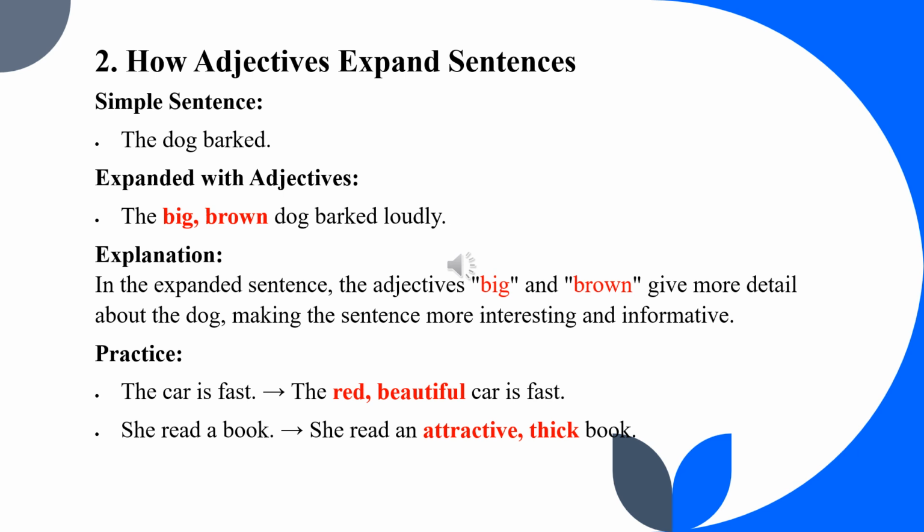Look at the second example. She read a book. So, when adding more adjectives, it becomes, she read an attractive, thick book. You see the difference? The second sentences are more interesting and more informative.